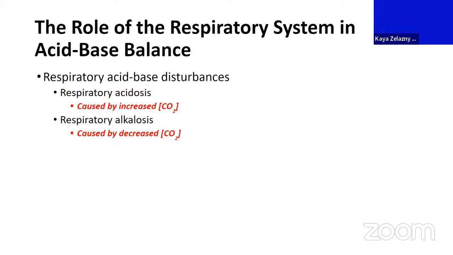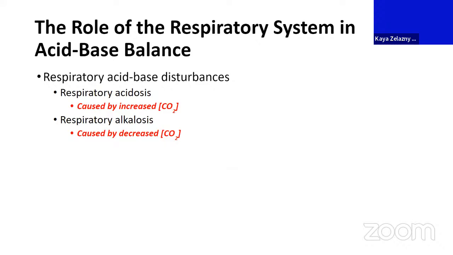What we're really just thinking about first is problems, kind of. Okay. So if we have a respiratory problem with our acid-base balance, a respiratory acid-base disturbance, that means that something about how our lungs are functioning, usually how fast we're breathing, is messing with our carbon dioxide side of this equation.